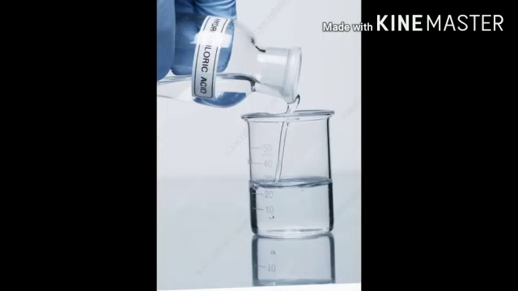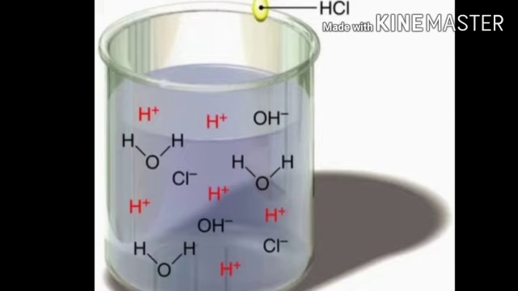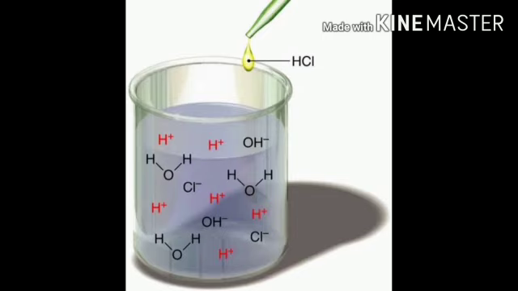This mixing of an acid or a base with water is known as dilution. And when we add water to the acid or a base, there is a decrease in the concentration of ions, that is hydronium ions or hydroxide ions, per unit volume.